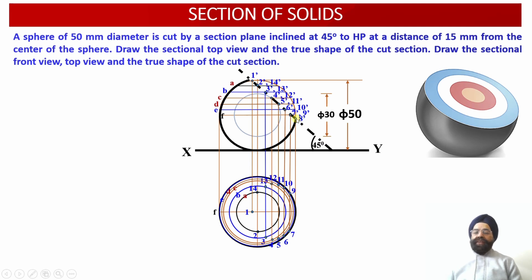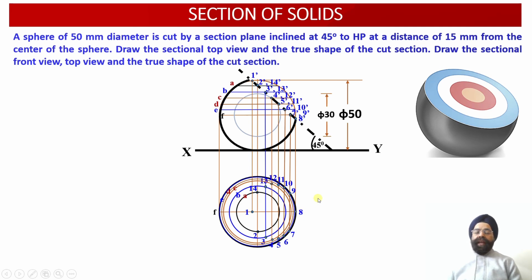And finally 1 point was there corresponding to this extreme point of intersection of the cutting plane with the circumference of the sphere. So this point happens to be point 8 dash. So once we draw perpendicular projection from 8 dash onto the outermost portion of the circular construction having diameter 50 millimeter, we obtain the point 8 over here.